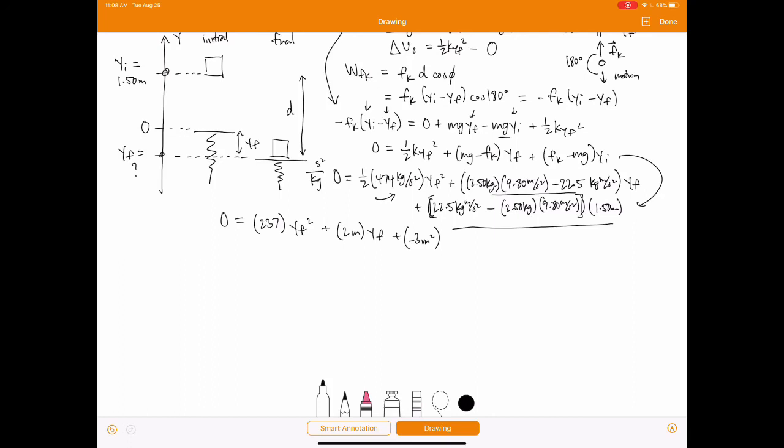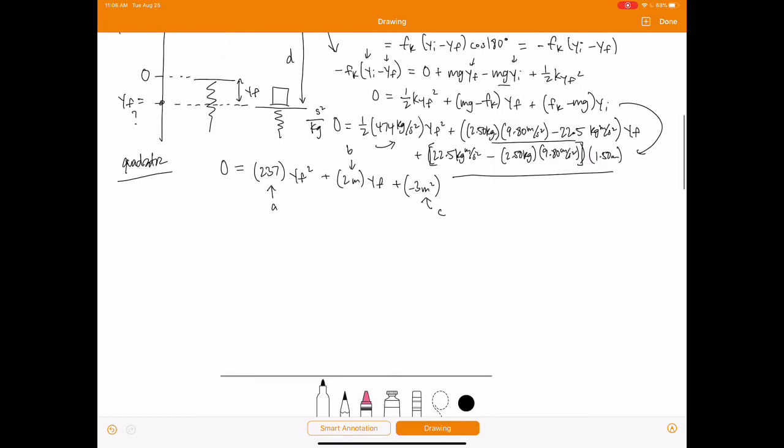If you look at the second term, you'll just be left with meters, which is why I wrote it as meters. And if you look at the last term, you'll be left with meters squared. Okay, so this is a quadratic expression where the A term is 237, the B term is 2 meters, and the C term is minus 3 meters.